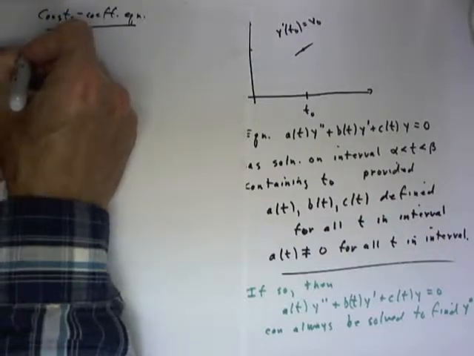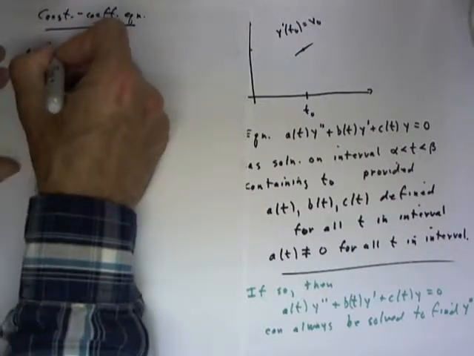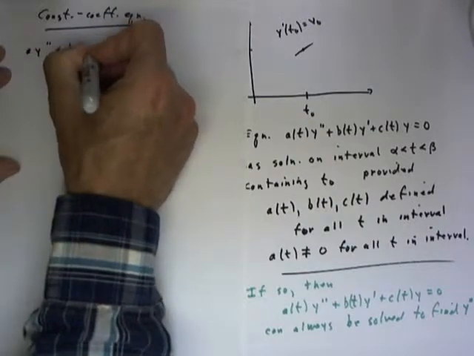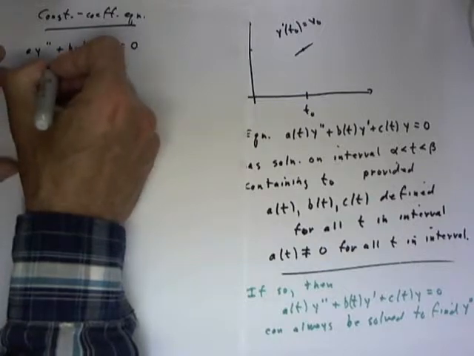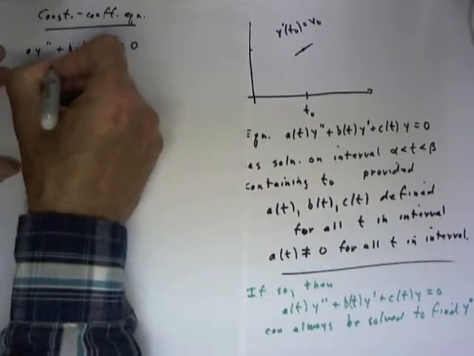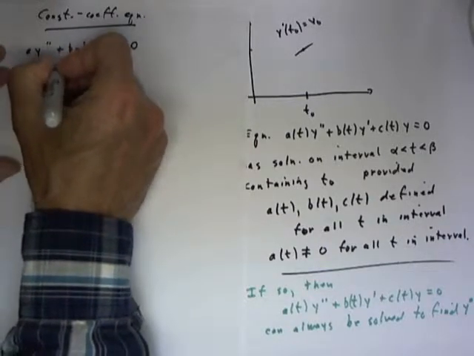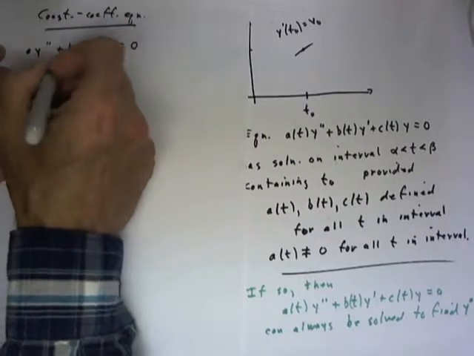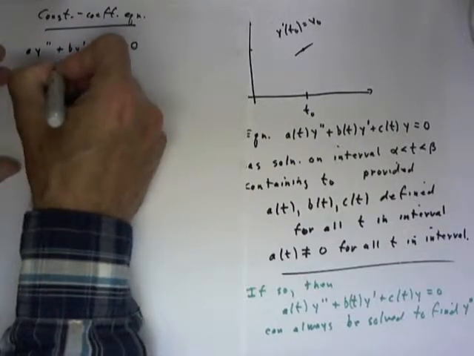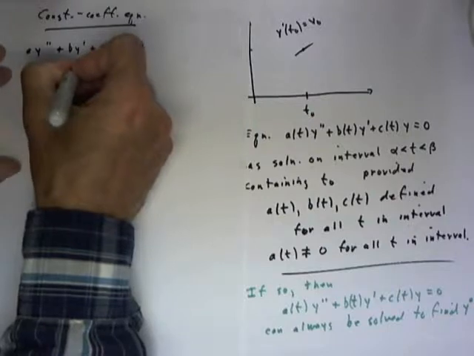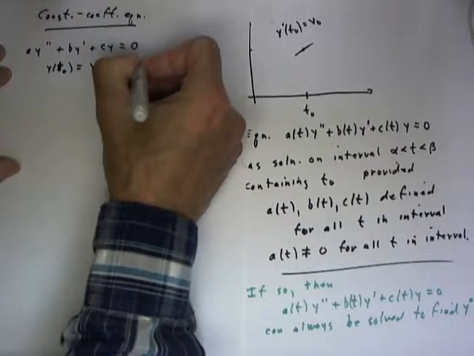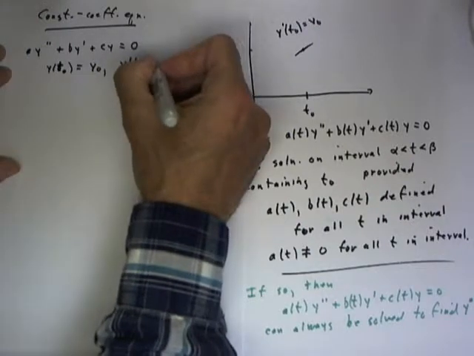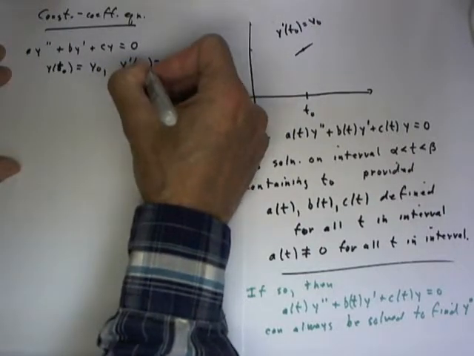The constant coefficient equation is a y double prime plus b y prime plus c y equals 0 with conditions y of t naught equals y naught, y prime of t naught equals v naught.